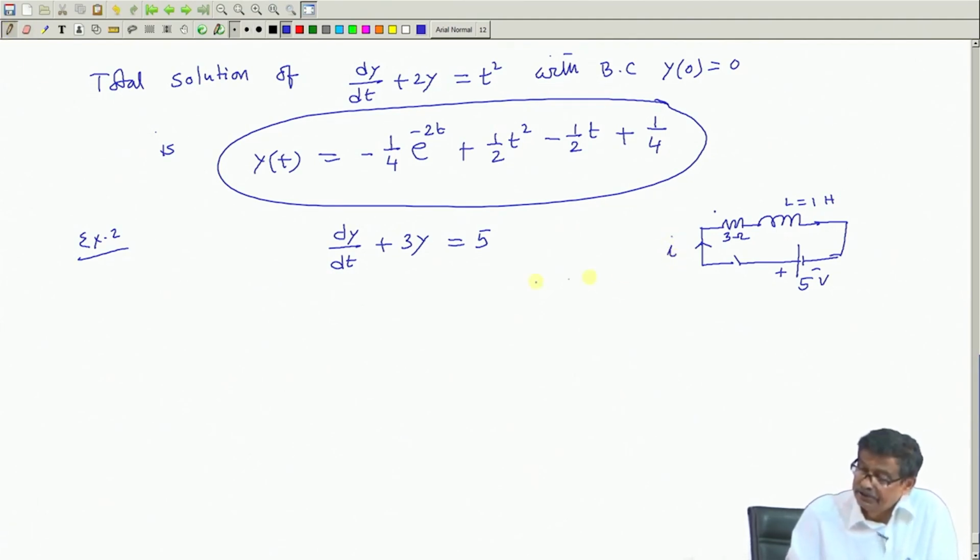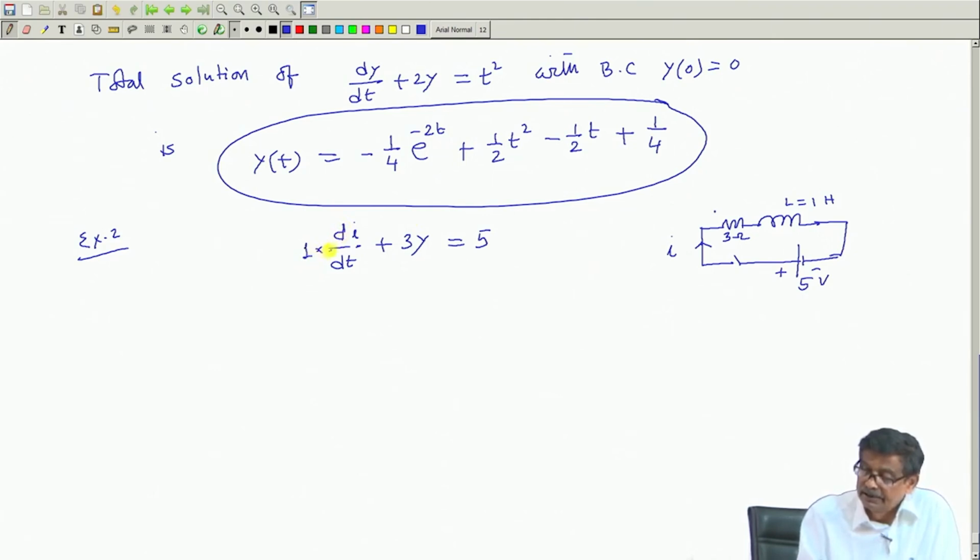Anyway, differential equation matters. So, what is the differential equation? Suppose the value of R is 3 ohm, L is 1 Henry.